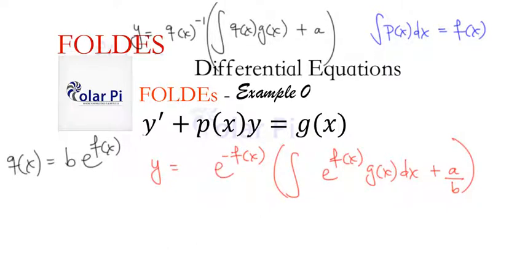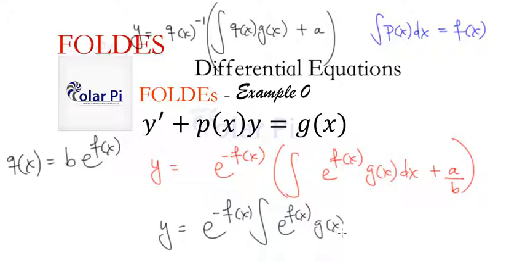Now the only thing that we're going to do is say that a over b is some other constant lambda, and here is our solution as it's written in every book. e to the negative f of x times the integral of e to the f of x times g of x dx plus lambda. And the key thing to note is that lambda is also being multiplied by this guy.